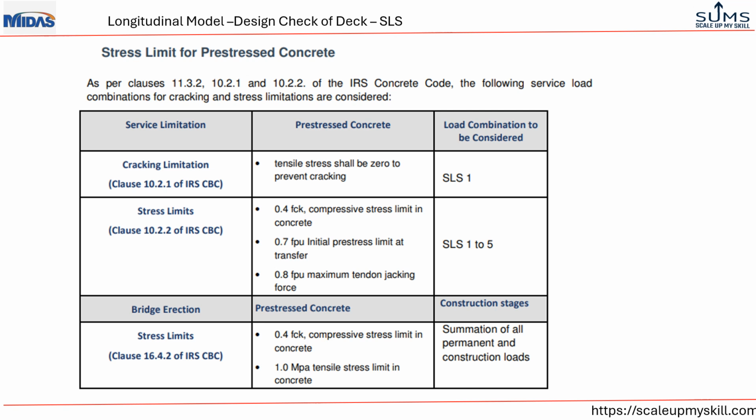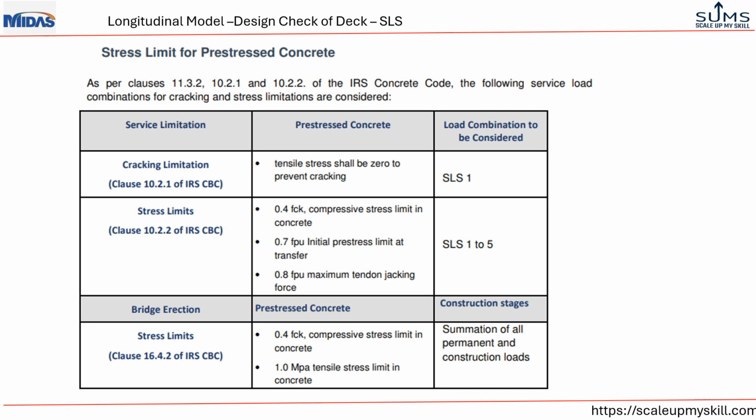Stress checks are done using these clauses as per the IRS concrete code. For the SLS1 case, stresses of the deck are checked and found to be all under compression because no tension stress is allowed at that location.